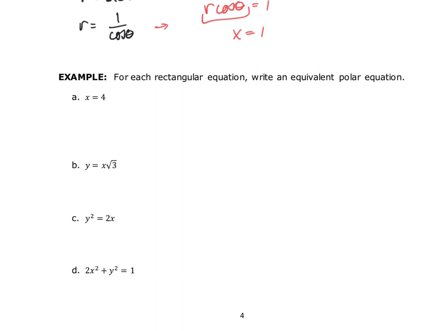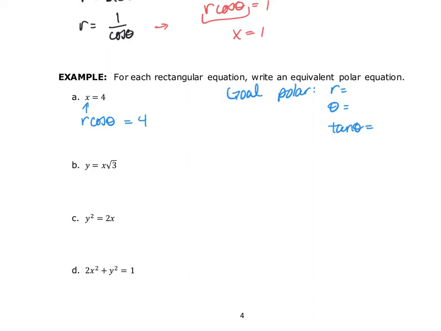All right, for this one, I'm going to write from rectangular into the equivalent polar equation. What we have is x. x is r cosine of theta. That's going to be equal to 4, because that's what x is. Now, when I'm doing rectangular to polar, my goal is to have it r equals, theta equals, and if I really am hurting, then sometimes I'll have it as tangent of theta equals.